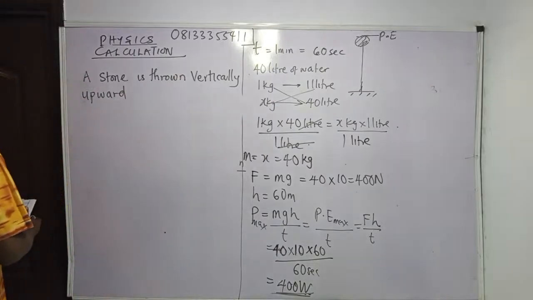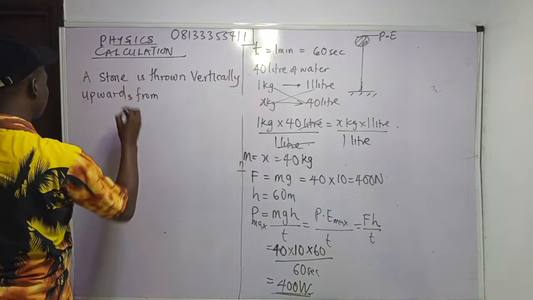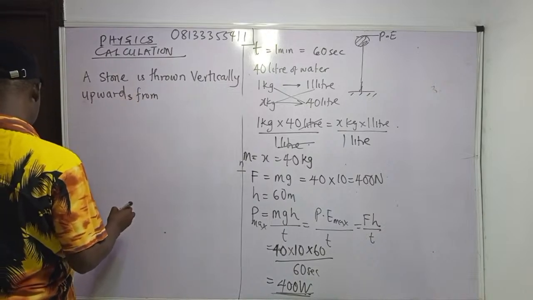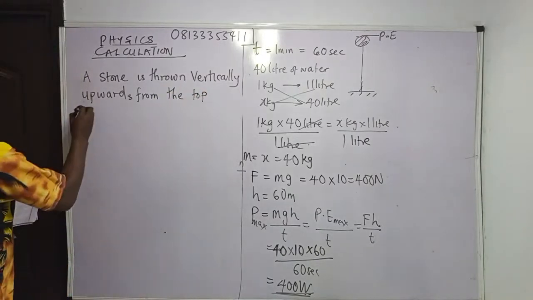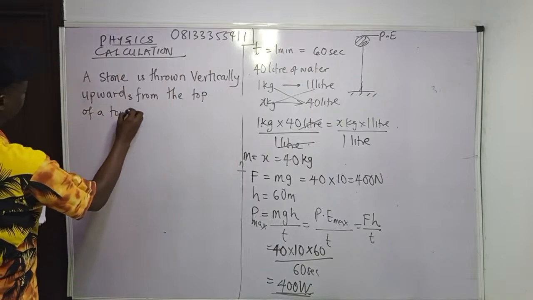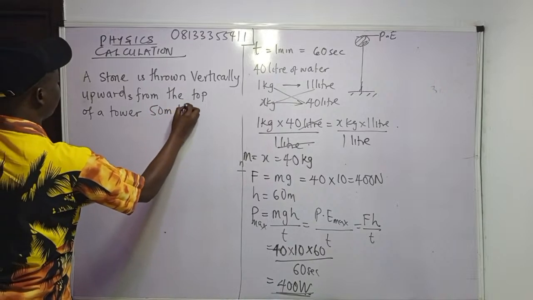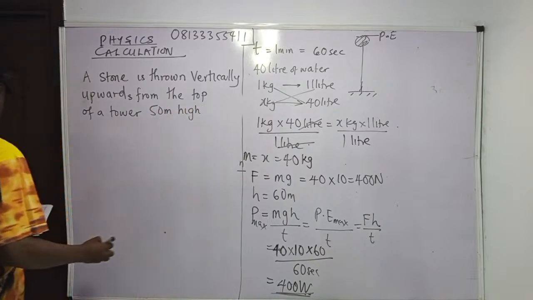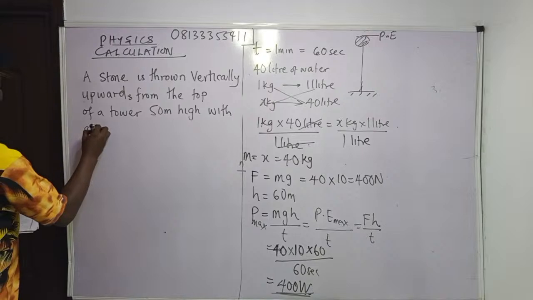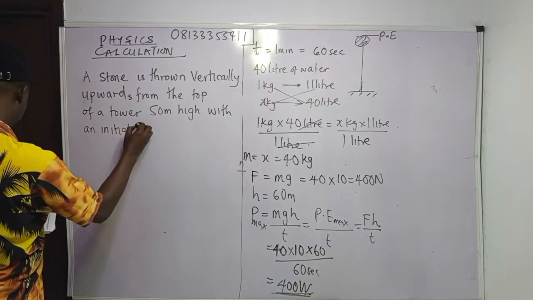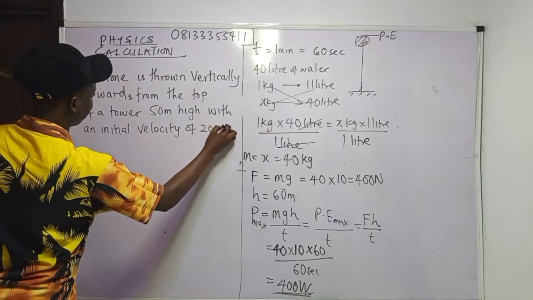Now, if you throw a stone vertically upward from the top of a tower 50 meter high, with an initial velocity of 20 meters per second.